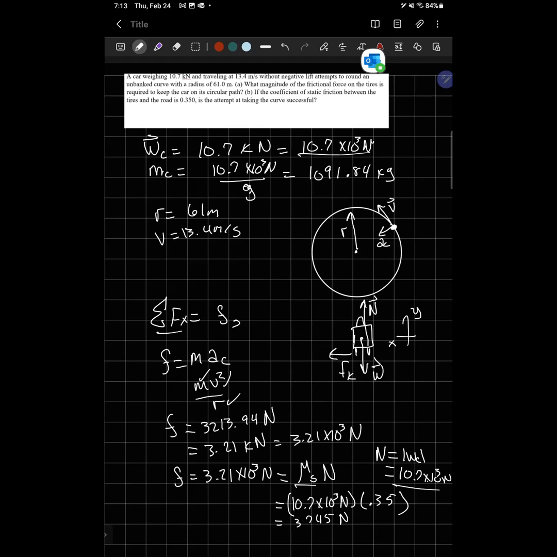What do I know about these two numbers? What was the question? Sorry. So question B is, if the coefficient of static friction is 0.35, is the attempt at taking the curve successful? And I'm saying, is this number that we calculated equal to what we got in part A?